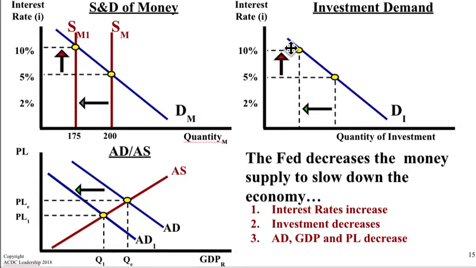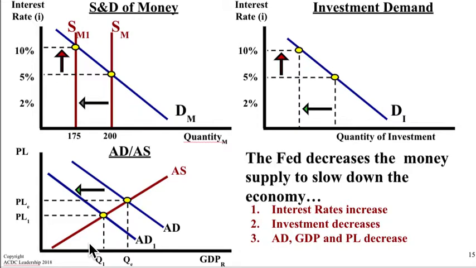Well, when we see an increase in interest rates, we're not going to want to invest as much. And we're going to see a decrease in aggregate demand, because remember, aggregate demand is representative of GDP, which is C, I, G, and NX. So we have a decrease in I. And seeing the shift of aggregate demand to the left has, again, a twofold influence. So there is a decrease in price levels, so deflation, and then there's a decrease in GDP, and so we would also see an increase in unemployment.